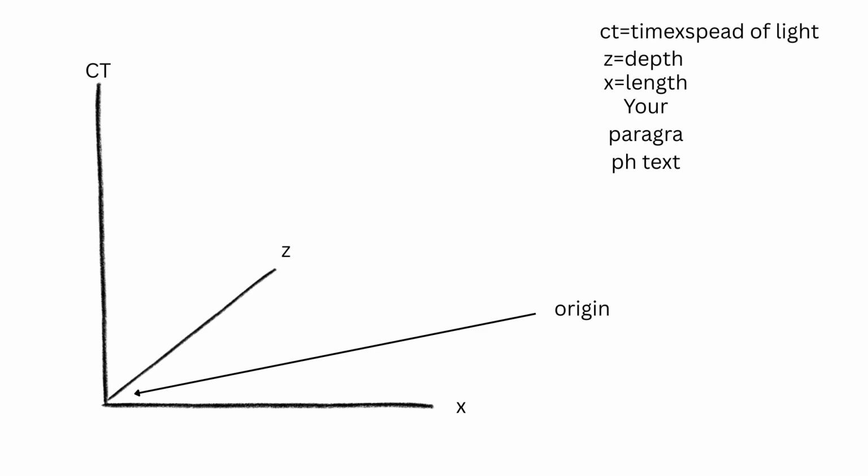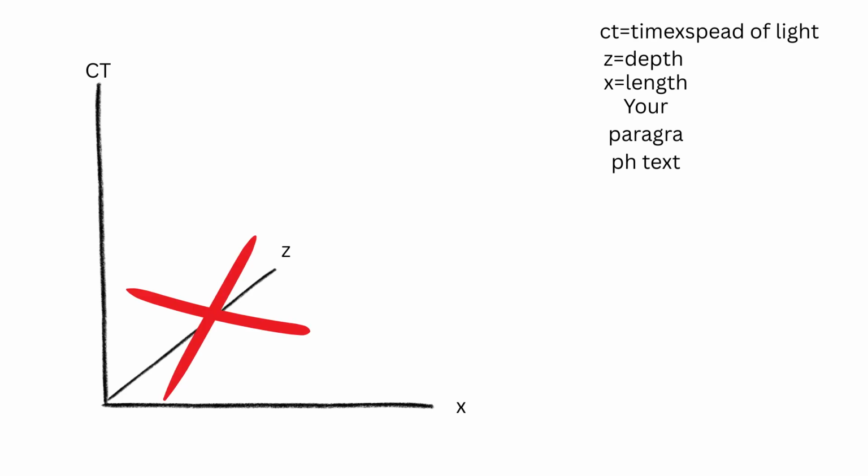Together, these coordinates describe every event in the universe. The point of zero, the origin, is usually where we make all those coordinates, CT, X, Y, and Z, equal 0. That's what people often do.